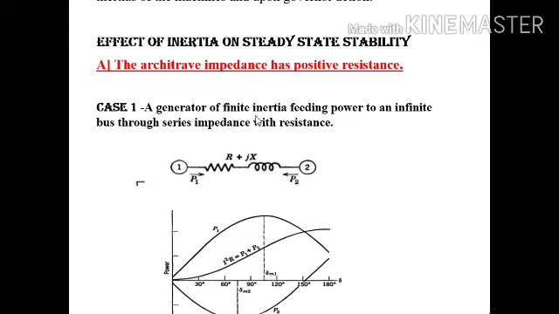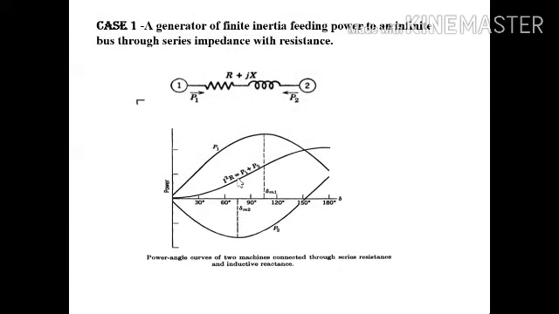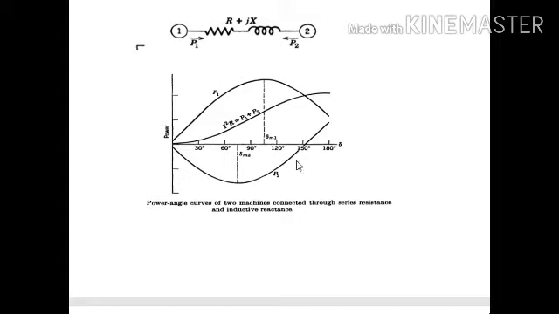Case 1. A generator of finite inertia connected to an infinite bus through a series impedance with resistance. That means generator 1 which has finite inertia is connected to the infinite bus. For such a case, the power curves are as shown.